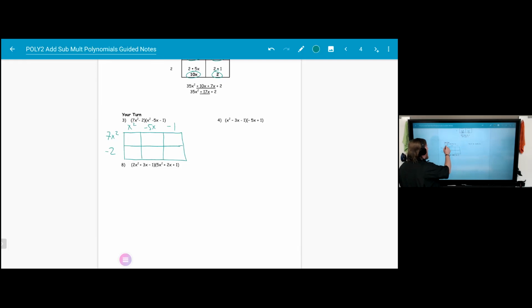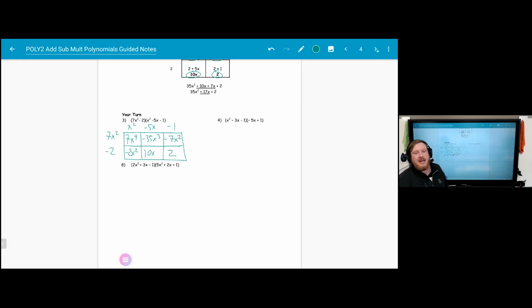So 7x squared times x squared is 7x to the 4th. 7x squared times -5x is -35x cubed. 7x squared times -1 is -7x squared. -2 times x squared is -2x squared. -5x times -2 is a positive 10x. -2 times -1 is a positive 2.